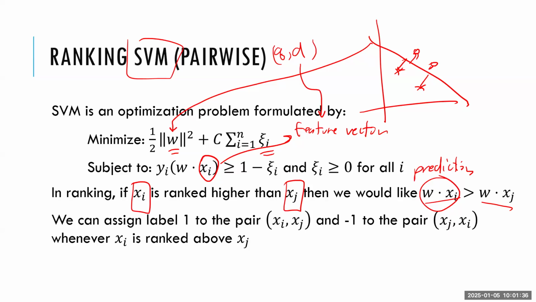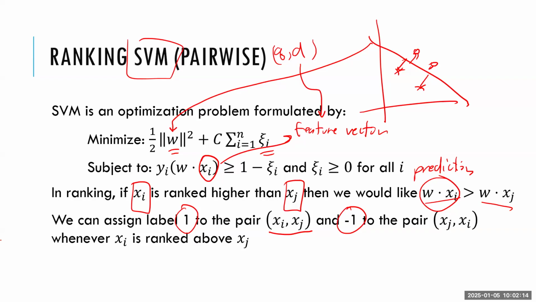And so what we can do, for each pair xij, is assign a label 1 or a label -1 based on which one should rank above the other, right? If xi is ranked higher than xj, then you will have a label 1. If xi is ranked lower than xj, you will give it a label -1.